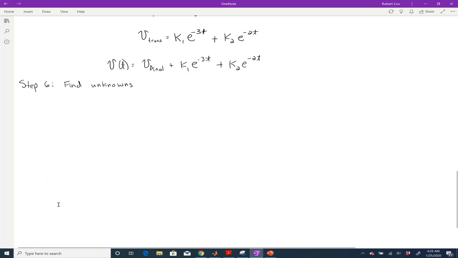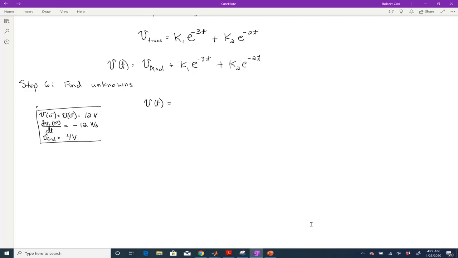Now I'm going to copy in here the information I wanted. So V of t is V final, and V final was 4 volts, plus K1 e to the -3t plus K2 e to the -2t.